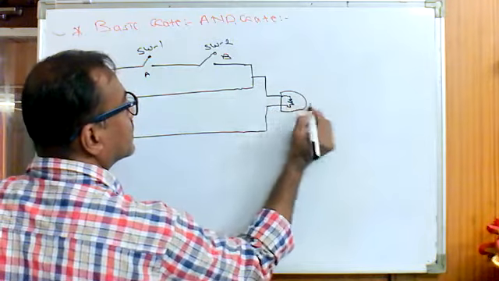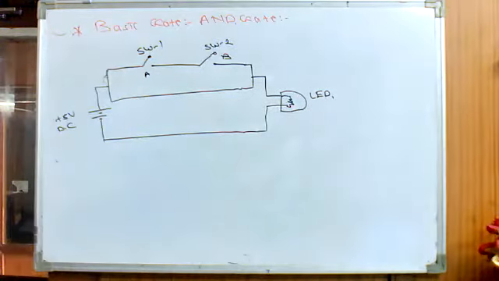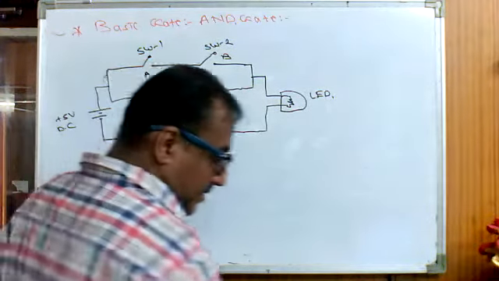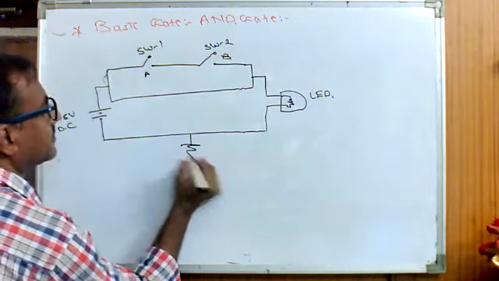This is the circuit diagram, with an LED connected. Switching gives an output of 5 volt. This is the ground.